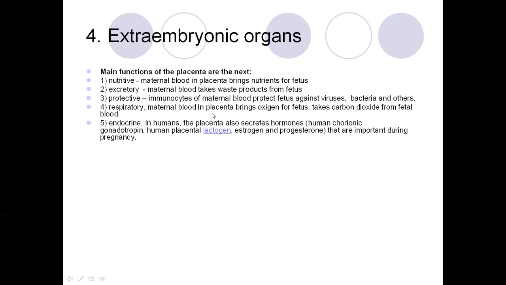Respiratory function: maternal blood in the placenta brings oxygen to the fetal blood and takes carbon dioxide from the fetal blood. Endocrine function: in humans, the placenta also secretes hormones, human chorionic gonadotropin, human placental lactogen, estrogen, and progesterone. They are important for the development of pregnancy.